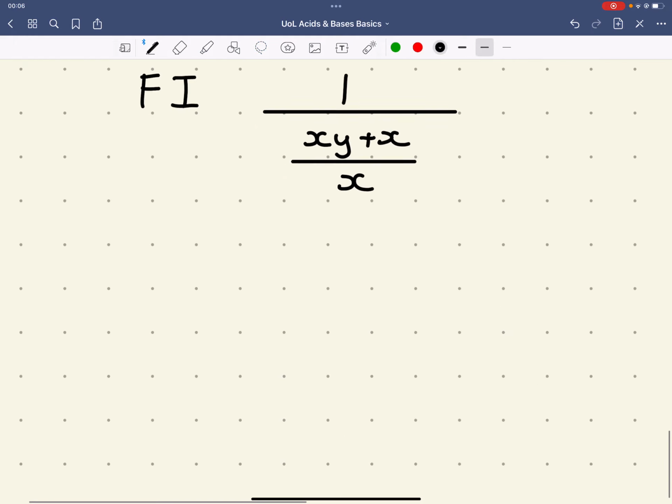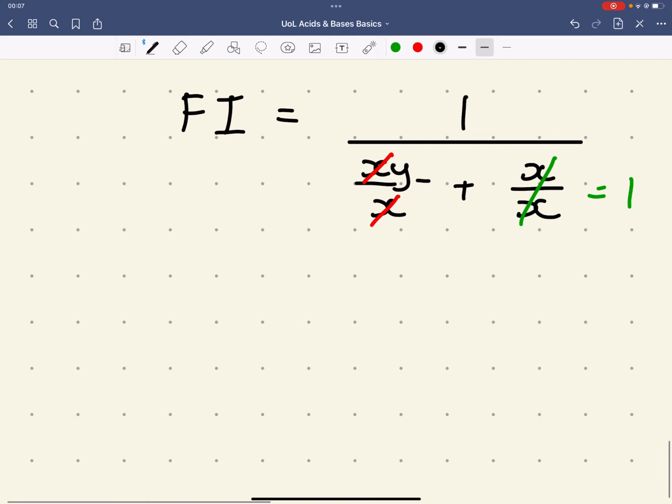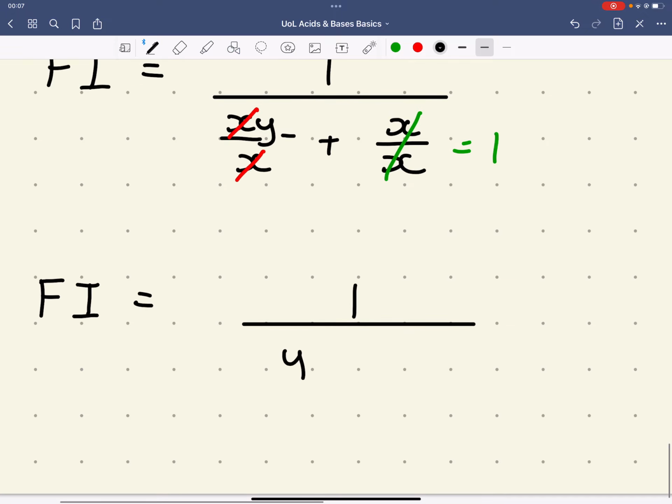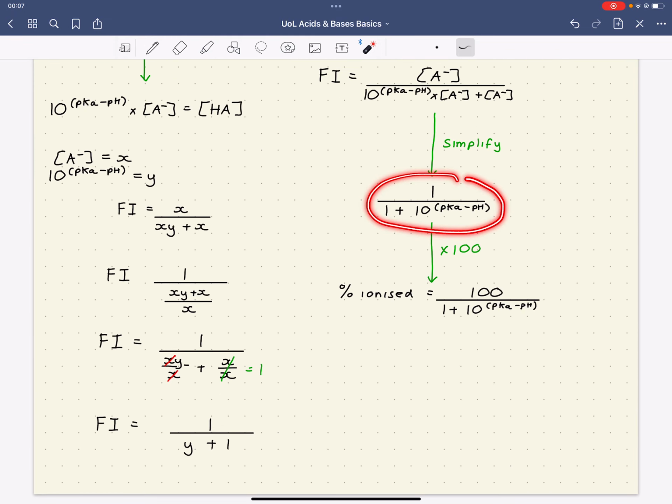What we can do now is we can say fraction ionised is equal to 1 over XY over X plus X over X. That X cancels that X, and this here then is simply equal to 1, and therefore my fraction ionised now is 1 divided by Y plus 1, which is in effect what we've got here.